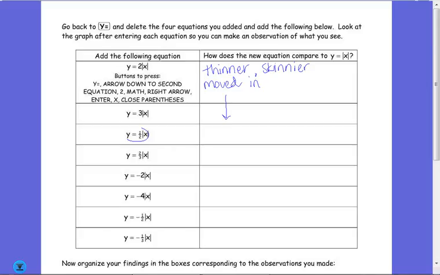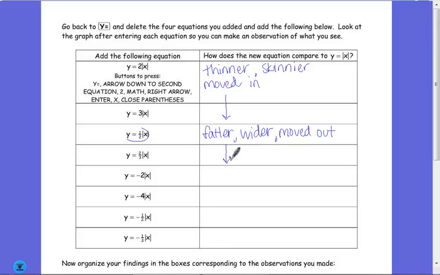So perhaps you want to put the words fatter or wider in here. Perhaps you thought, well, it moved out more. On both of these, that's a true statement. But again, there's a better word that we're going to talk about in just a couple minutes.